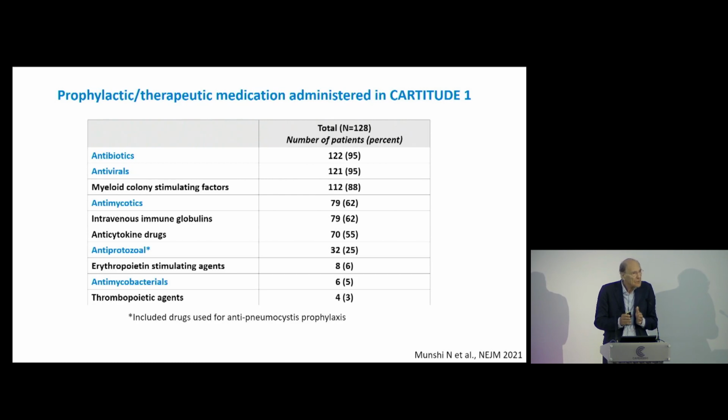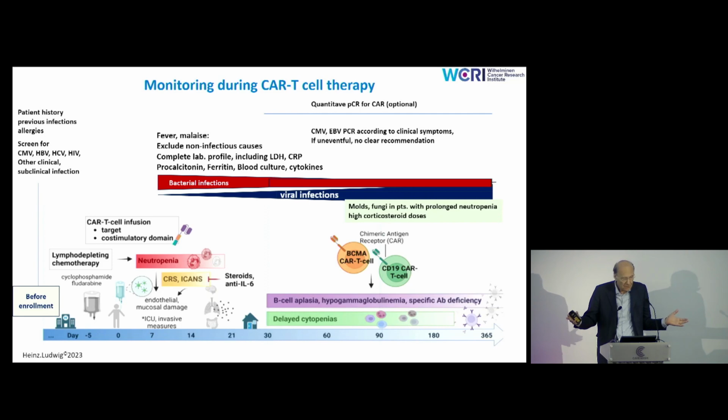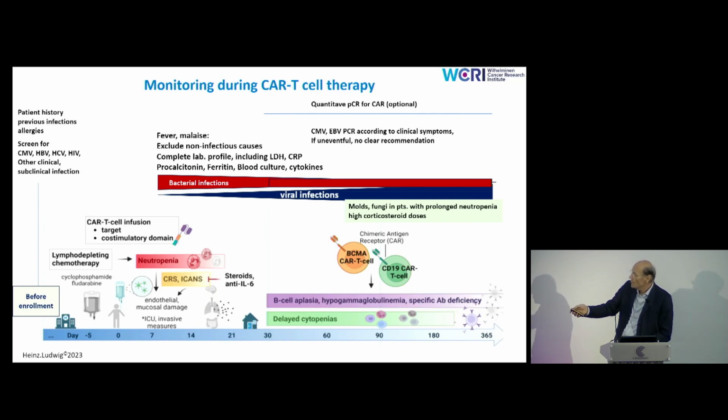And it depends, of course, very much on your patient's characteristics, on pre-treatment, and the present clinical status of your patient. So when you follow what shall you do during monitoring, it's a little bit unclear. There's no clear recommendation. But at the beginning, of course, you scan for all these viruses, no question.